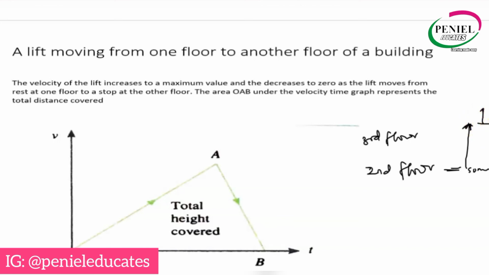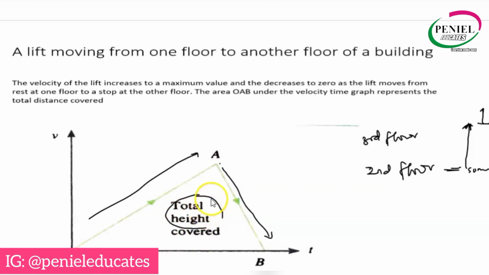That's why it could stop at the third floor. Now the area of OAB here represents the total distance covered. So this area represents the total distance covered.